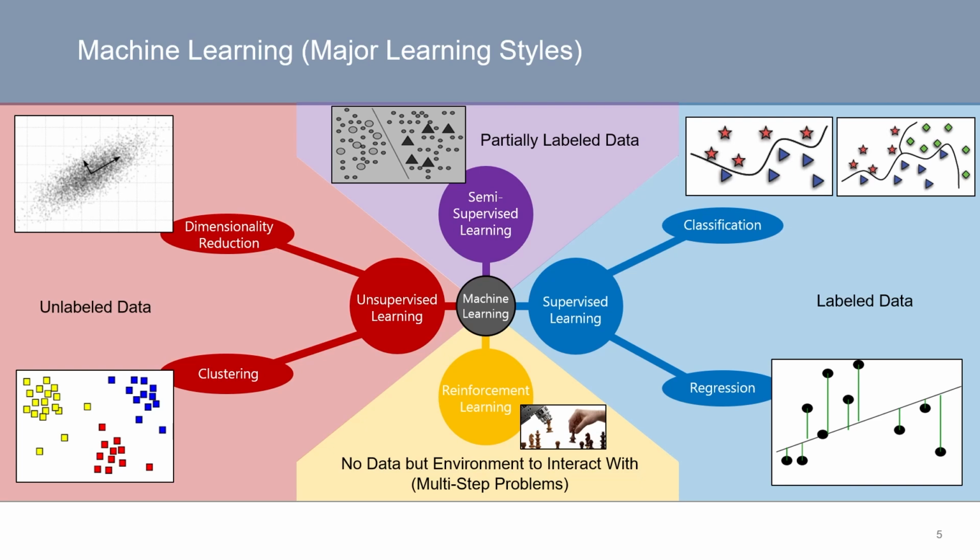This style largely deals with multi-step problems, or problems that require multiple decisions to be made before feedback might be available, suggesting whether that series of decisions was useful or not. This style of learning would be relevant, for example, to training an algorithm to play games or navigate an environment.